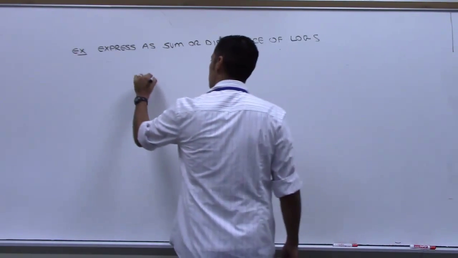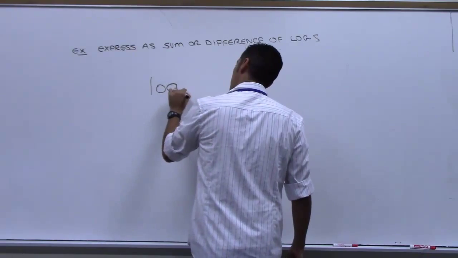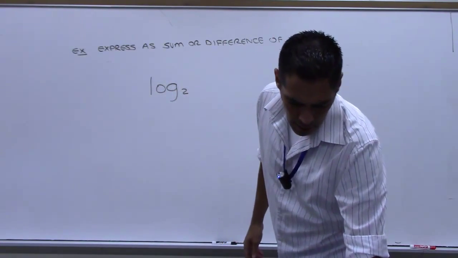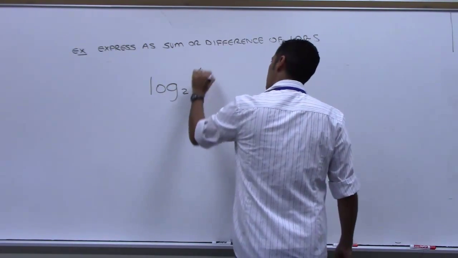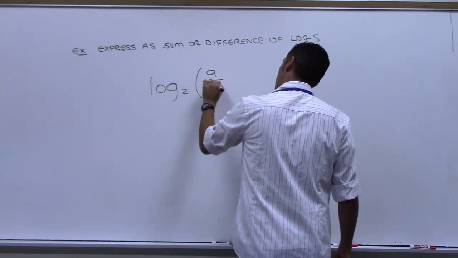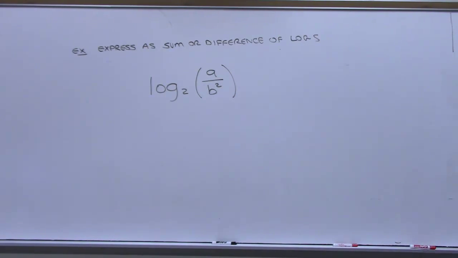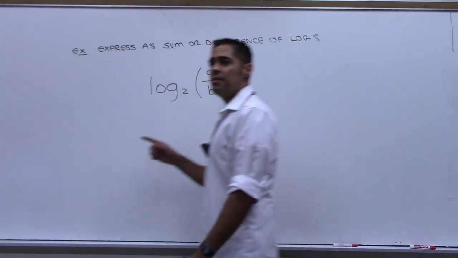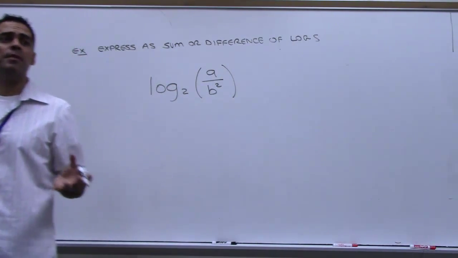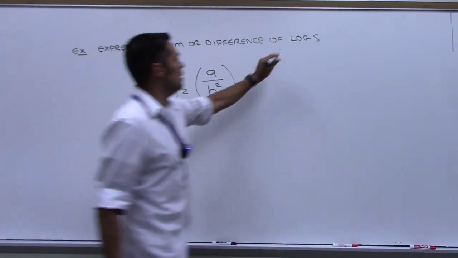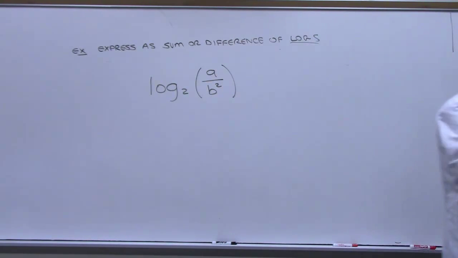So log base 2 of a over b squared. How many logarithms do you see there? Just one, right? The instructions are to express this as the sum or difference of logs, plural. So I want you to somehow pull this apart.